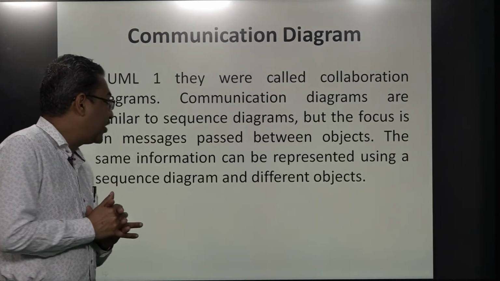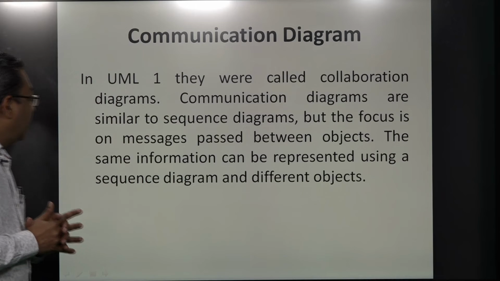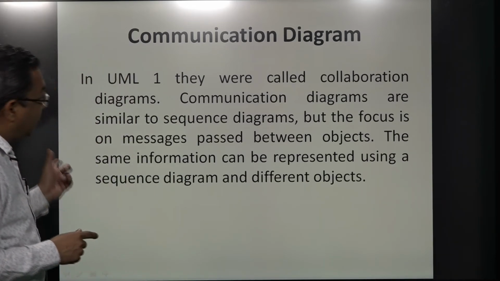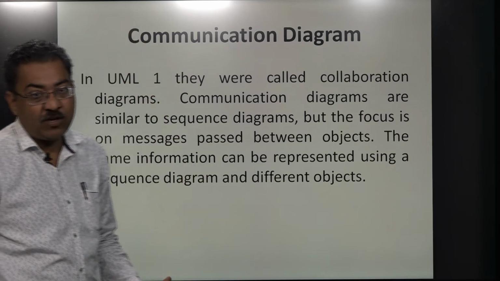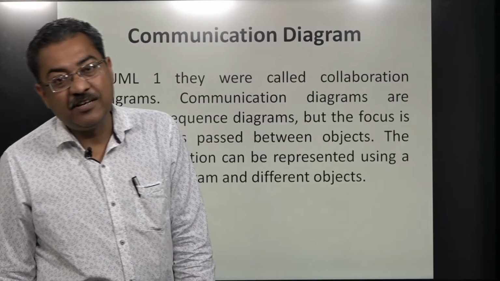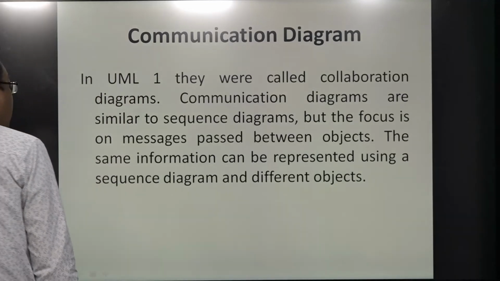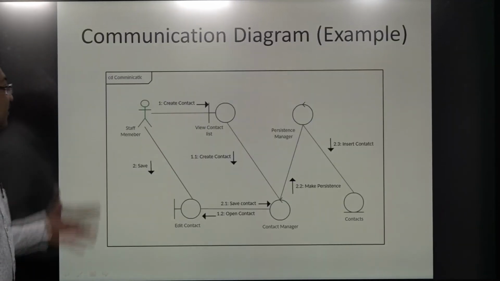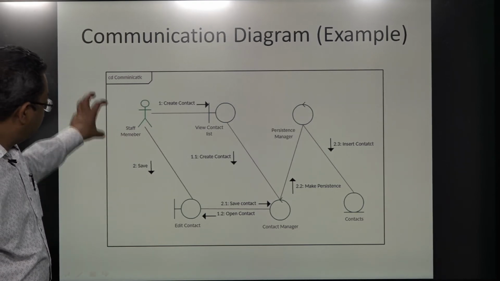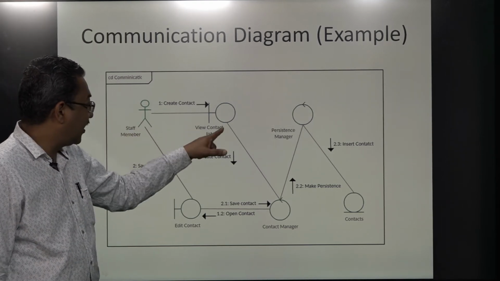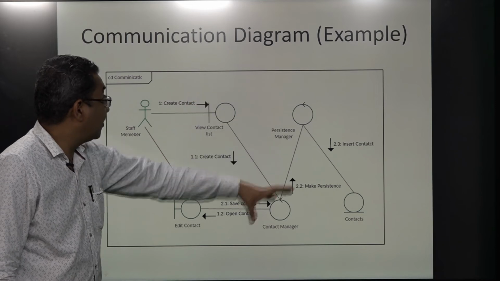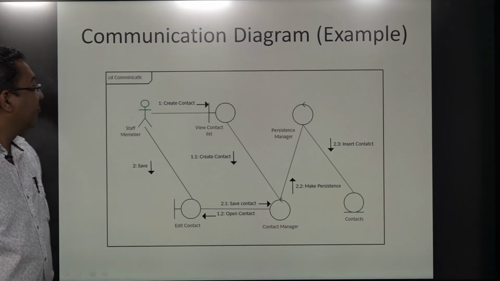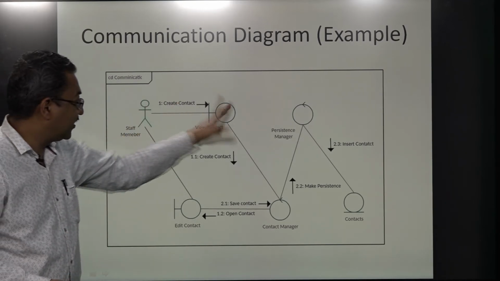Communication diagrams are similar to sequence diagrams, but the focus is on messages passed. In the earlier diagram we only showed the sequence over the timeline, but here messages are important as well. For example, just see: staff member, create contact. So these are the objects, and this is a sequence and how they communicate using these messages.